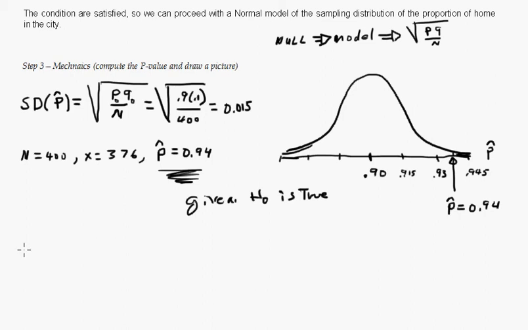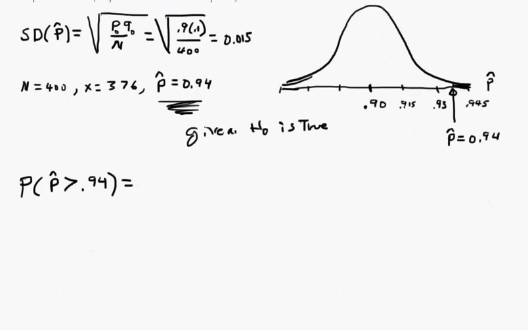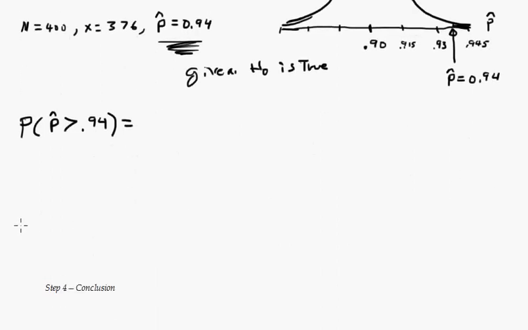Okay, well, so you write that. What's the probability that p hat is greater than 0.94? That's what we're interested in. Okay, so you need to do your z computation. So we'll just do that over here. Remember that z is equal to the observed value minus mu, divided by sigma.